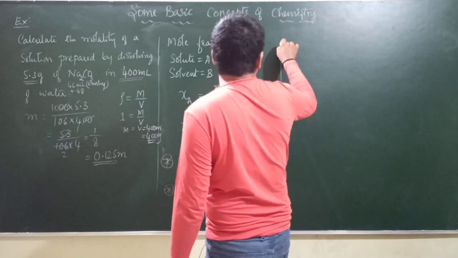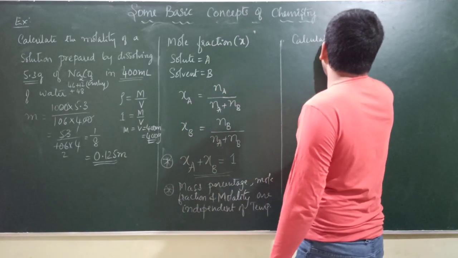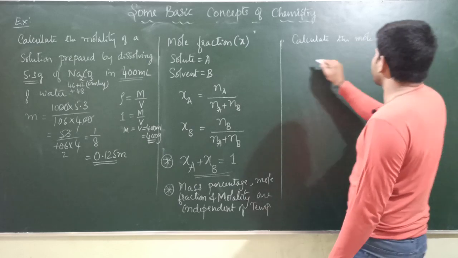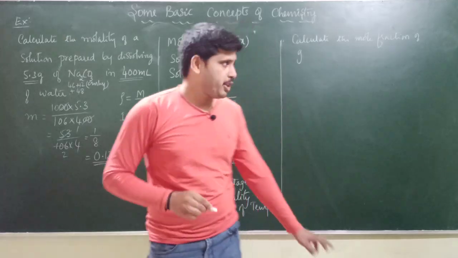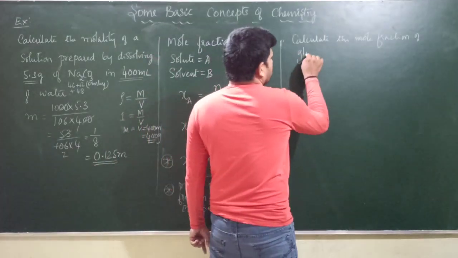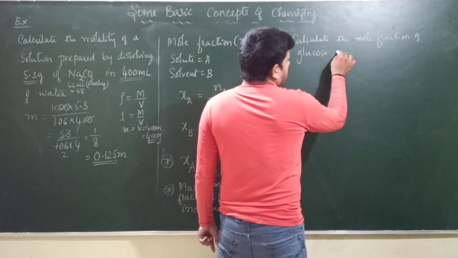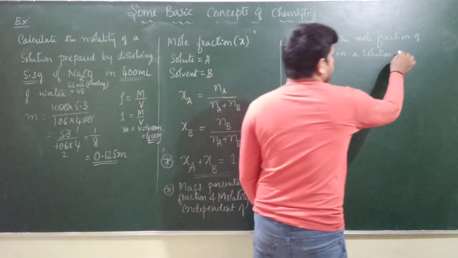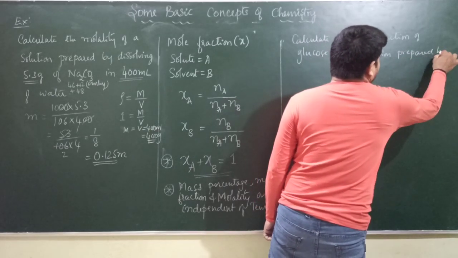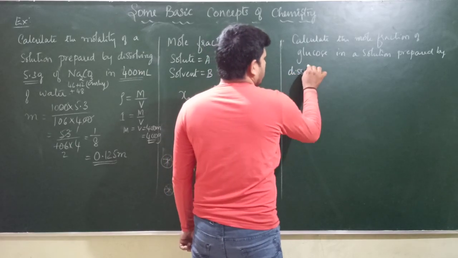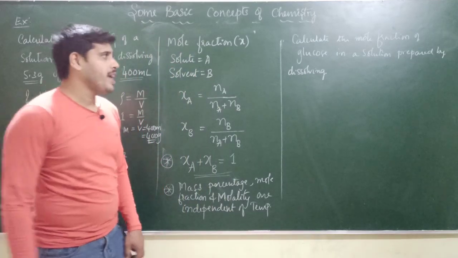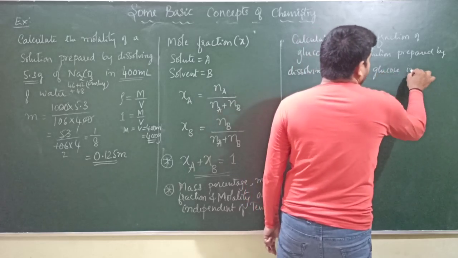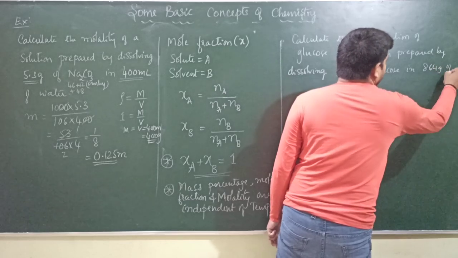Calculate the mole fraction of glucose in a solution prepared by dissolving 360 gram of glucose in 864 gram of water.